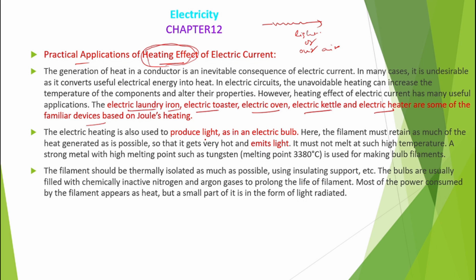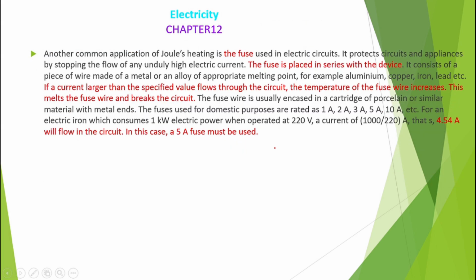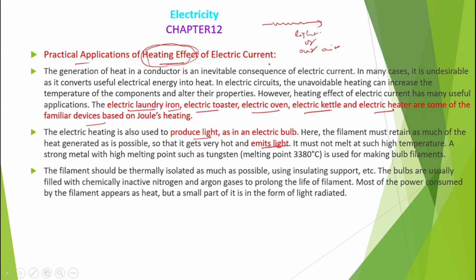And also, producing light. In houses we are using bulbs, and it emits light. And fuses are also due to the heating effect. Full detail we will see. The generation of heat in a conductor is an inevitable consequence of electric current.